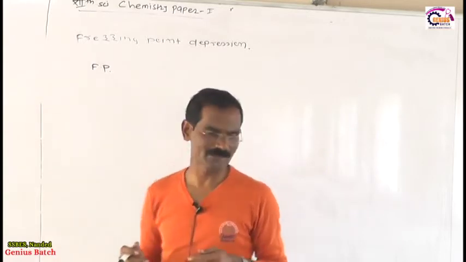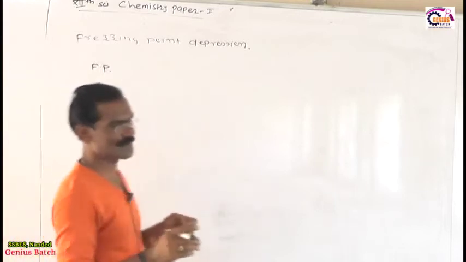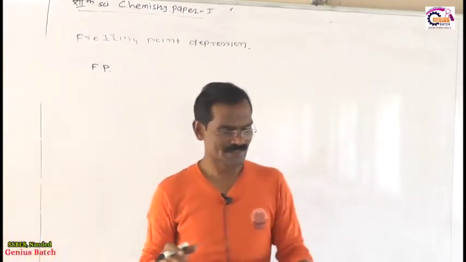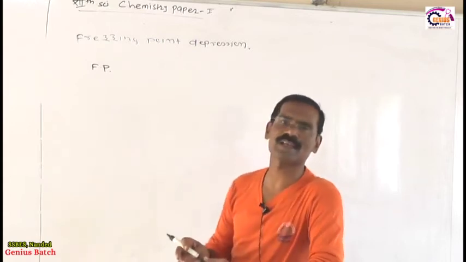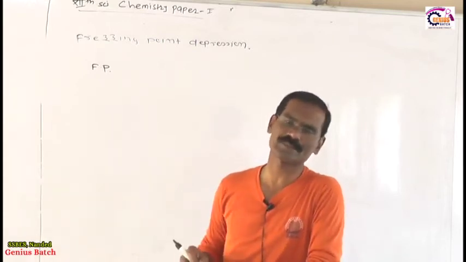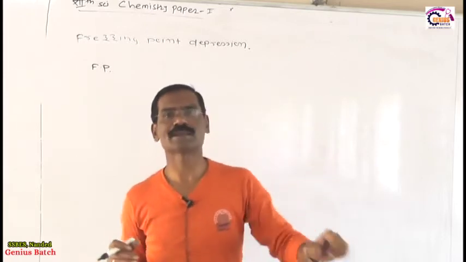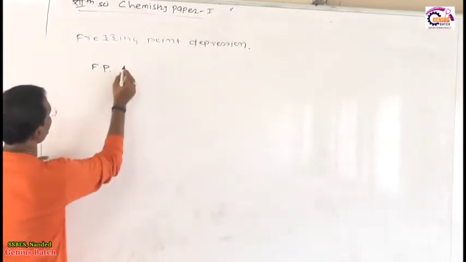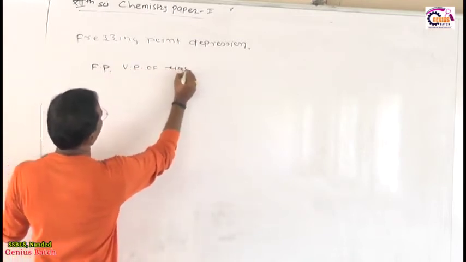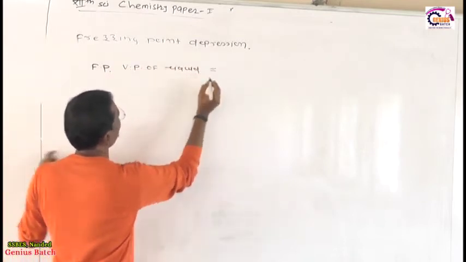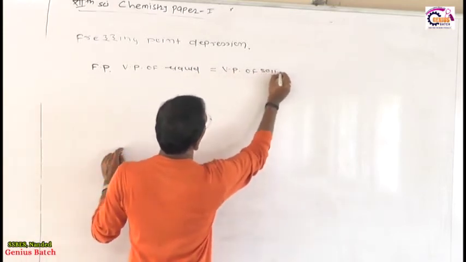Listen very carefully, we define the freezing point this way because it is a very simple and normal concept. The freezing point of a solution is defined as the temperature at which the vapor pressure of the liquid becomes equal to the vapor pressure of its own solid.